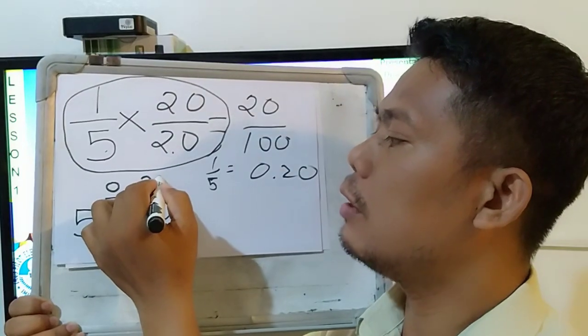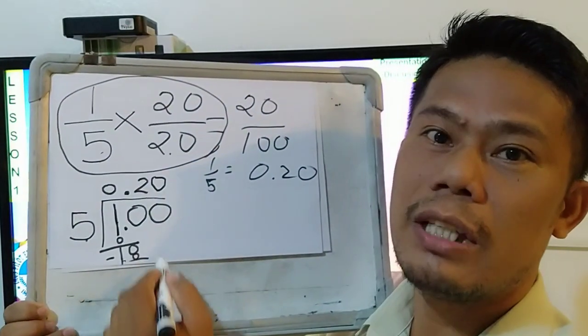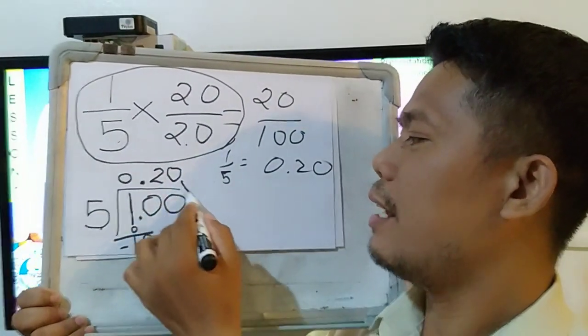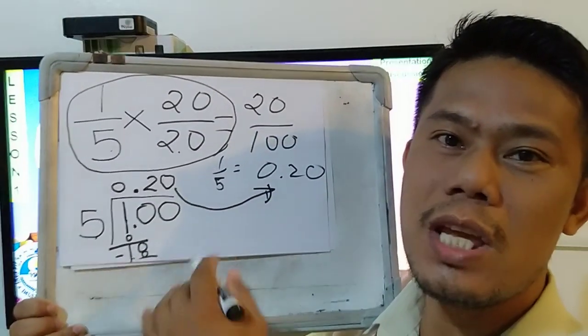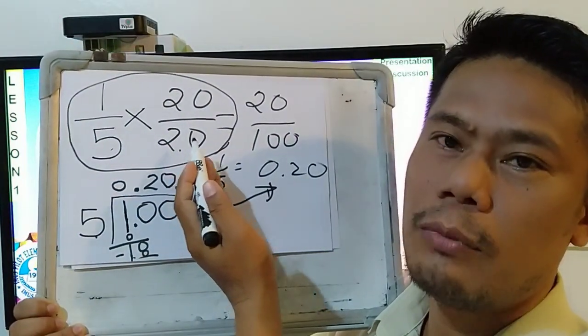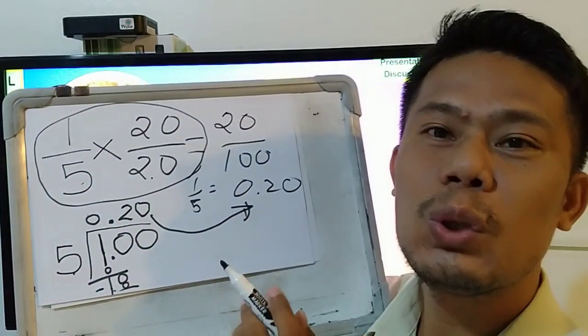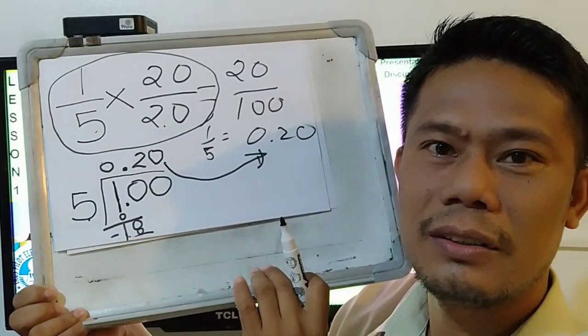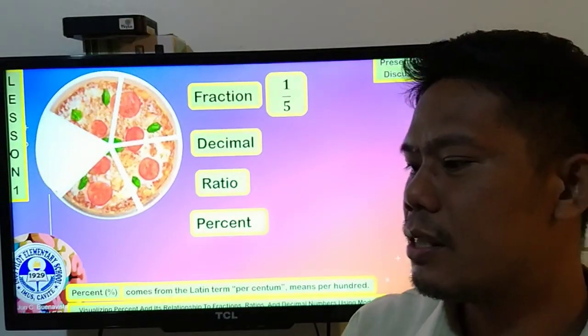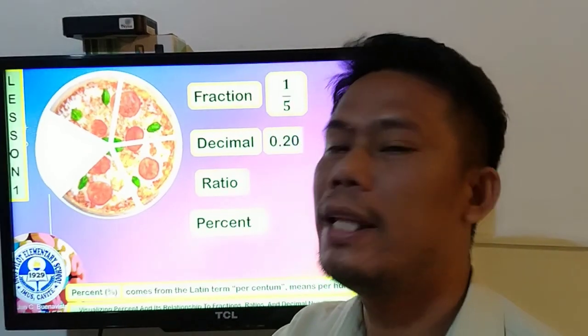We're going to put it at the top, so it becomes 20 hundredths. So it is the same as when we looked for the number to multiply the denominator to become 100. So the answer is 20 hundredths. Can you follow? Okay, very good. So now, 1/5 in decimal number is 20 hundredths.